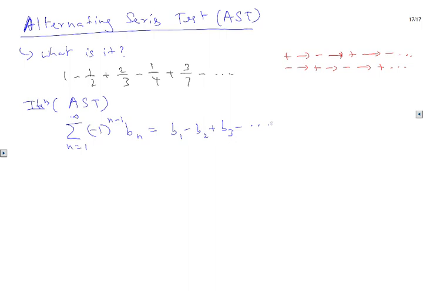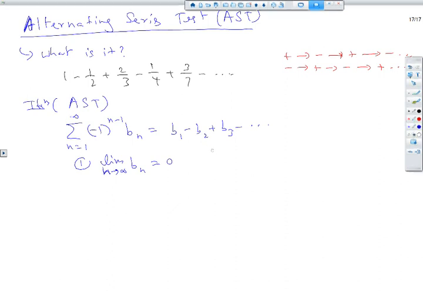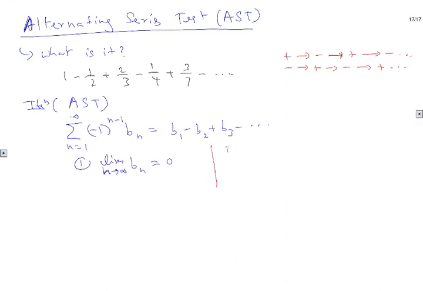So we can look at two properties. The first property is the limit of b_n as n goes to infinity. It has to be 0. That's the first condition. What if it is not?